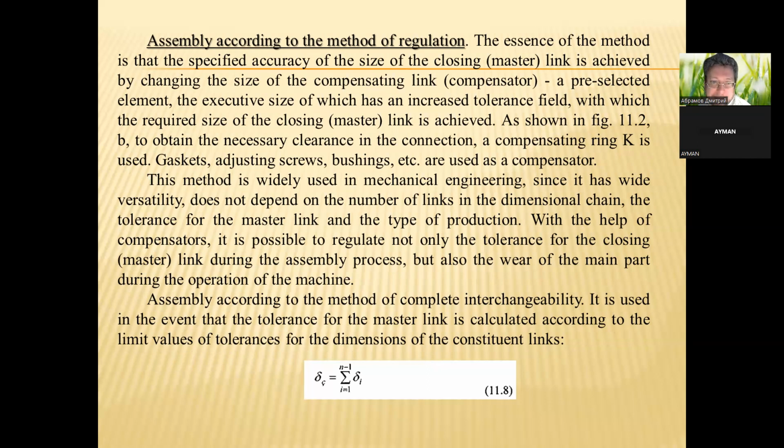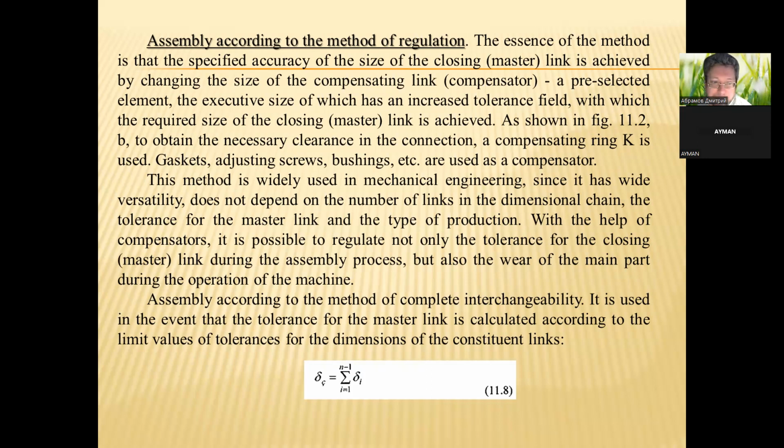This method is widely used in mechanical engineering since it has wide versatility and does not depend on the number of links in the dimensional chain, the tolerance for the master link or closing link, and the type of production.